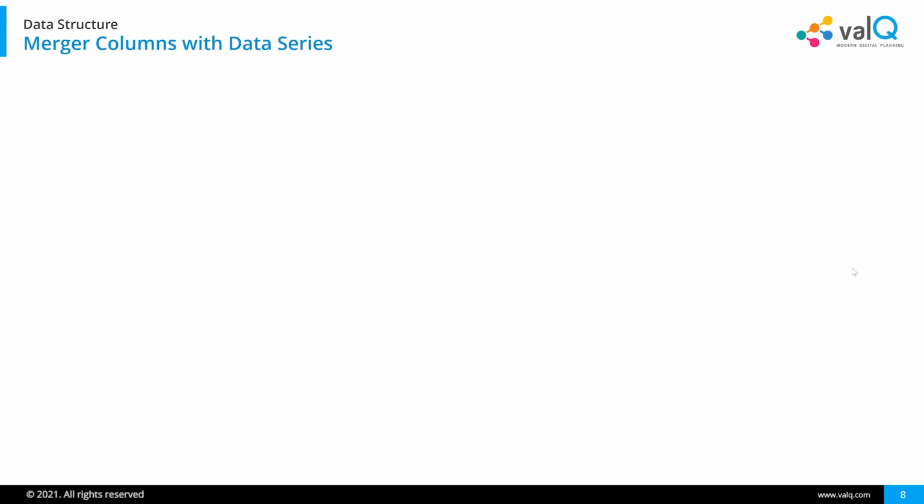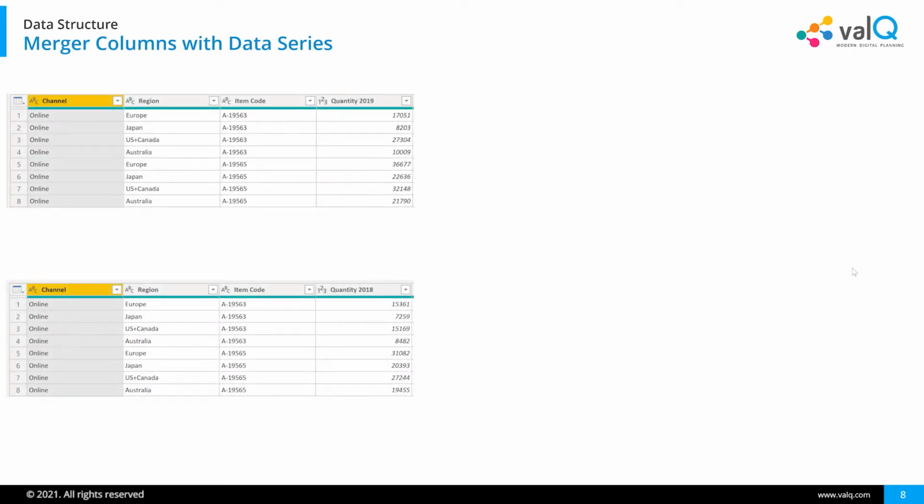So today we are going to look at a data structure which has two columns merged together. Individually, there are two data tables or queries, and these represent a column that gives us quantity of two different years, as you can see.